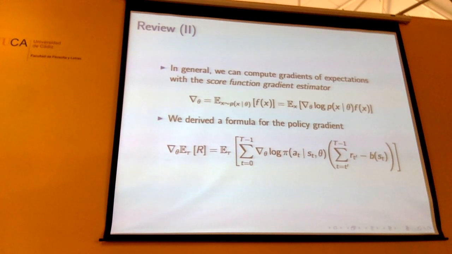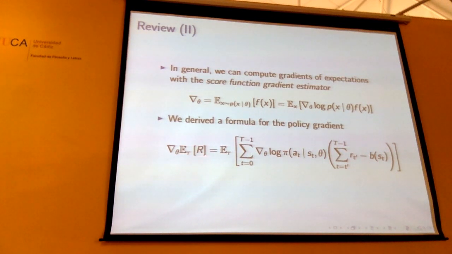Okay, and then we showed that just directly applying this formula to the probability distribution over trajectories gives you a nice formula for the policy gradient, which is just the gradient of the performance of a policy with respect to the policy parameters.